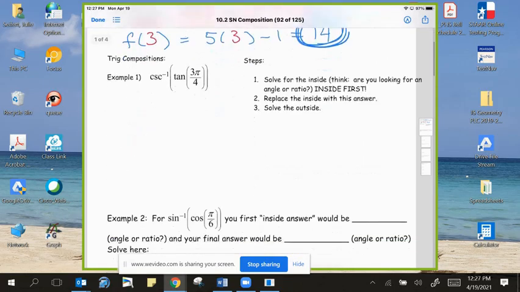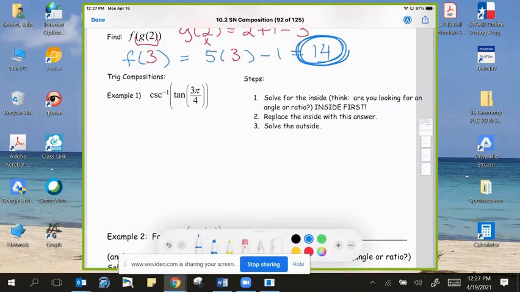Another little quick piece of review: if we have a trig function of something equaling an answer, if we start with the trig function, then what goes inside the trig function? Is it an angle or is it a ratio? We start with a regular trig function. Is the interior of that an angle or a ratio?